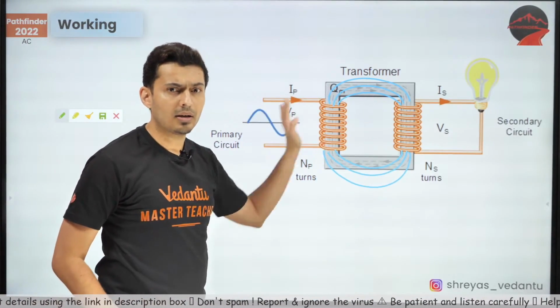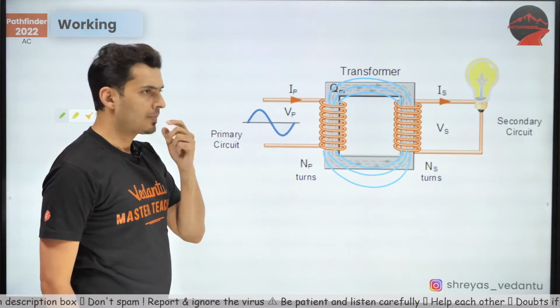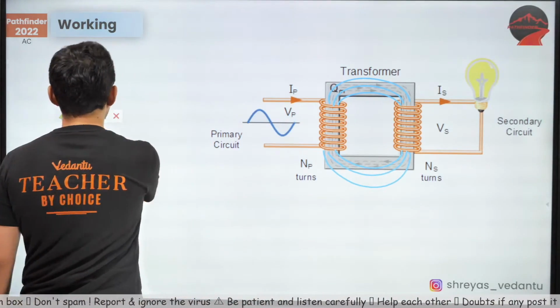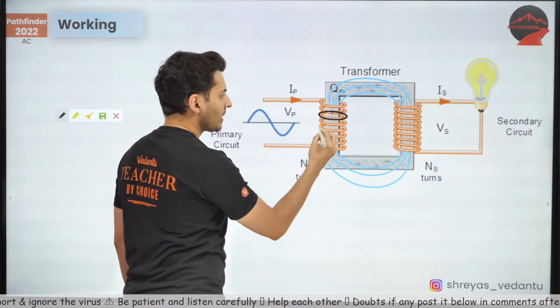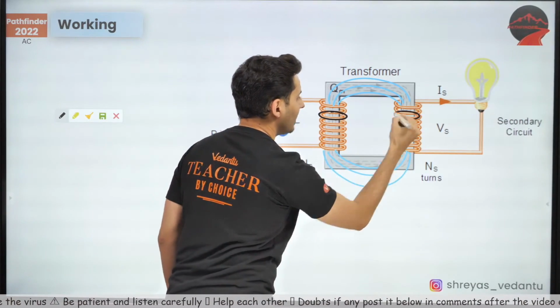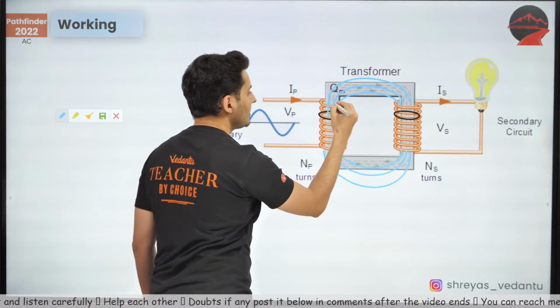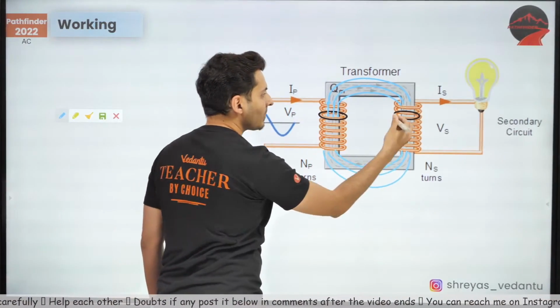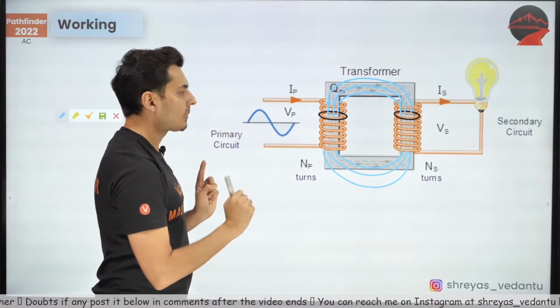I'm trying to get a formula between the voltages and the number of turns. The idea is, if you take any one turn here, and any one single turn over here, the number of lines passing in one turn and the number of lines passing in the other turn will be the same.